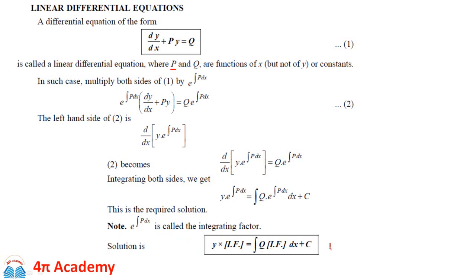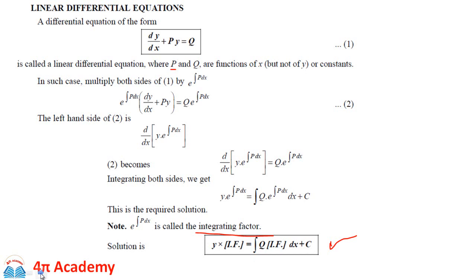So this is the form. You should remember this form for the solution. Out of this, e raised to power integration of p dx is always called the integrating factor. So the solution of a linear differential equation is y multiplied by integrating factor, and it is equal to integration of q into integrating factor dx plus c.